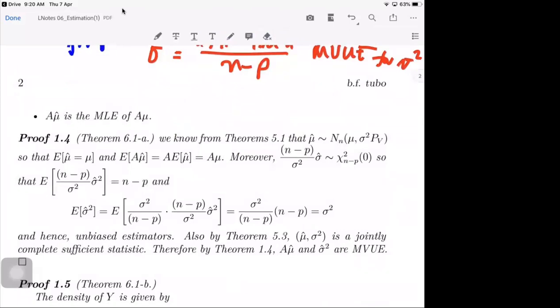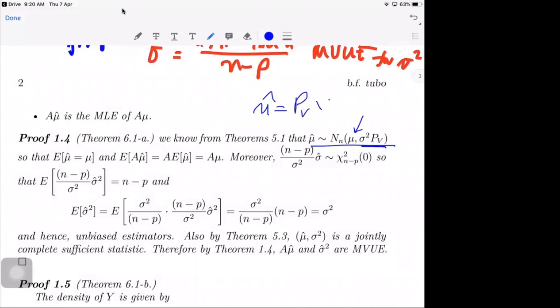Okay, so we know from Theorem 5.1 that this is the distribution of our mu hat, that it is normally distributed with mean mu and variance. Because how do we define our mu hat? That is the projection of y onto V, no?